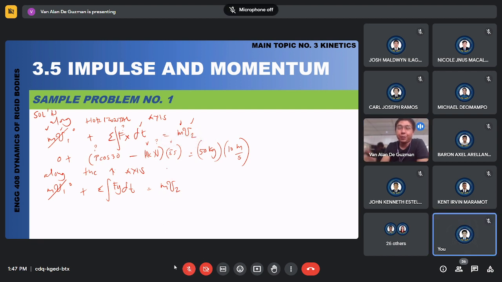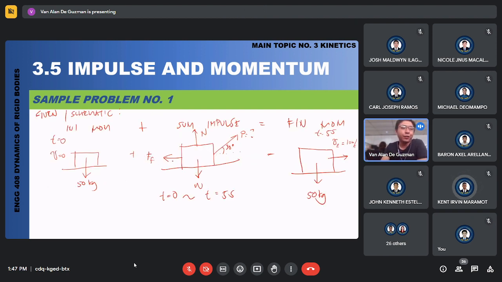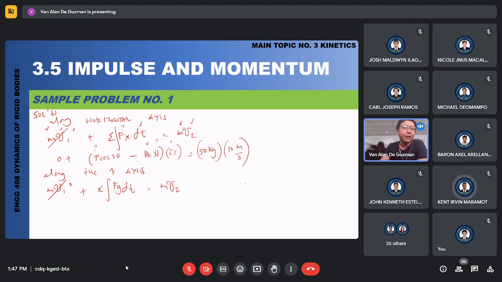Zero. Very good. Bakit 0 din? Kasi di ba yung ating motion associated siya with the horizontal axis? Kasi pakanan lang siya. Hindi siya magkakaroon ng vertical motion. Bakit po hindi naman po siya mag-elevate? So, meaning to say, value natin dito is 0. Wala po tayong magiging velocity along the vertical axis.